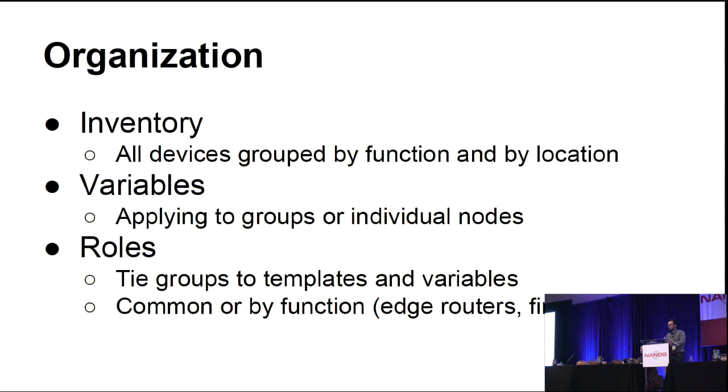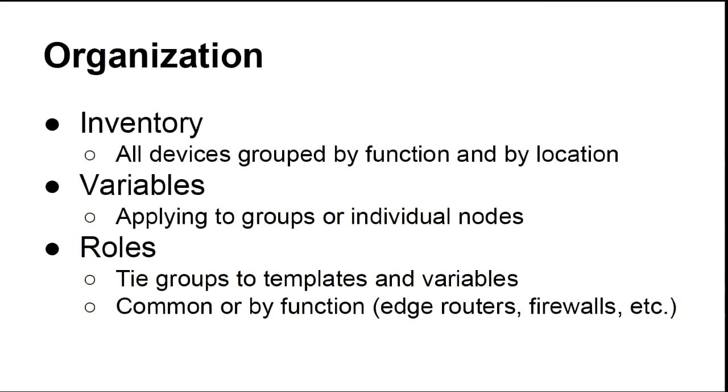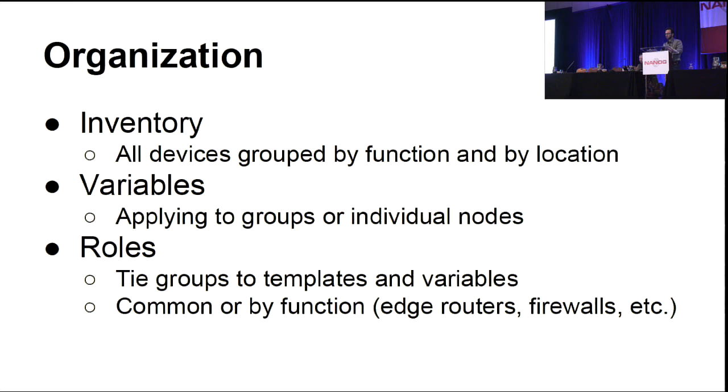The way things are organized is there's an inventory file that has all the devices grouped by function and by location. So you group all your routers that are edge routers in one group, and all your routers that are, I don't know, whatever. And then you keep all the stuff that's in one location in another group.